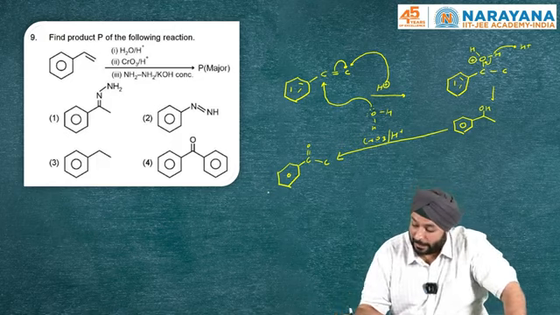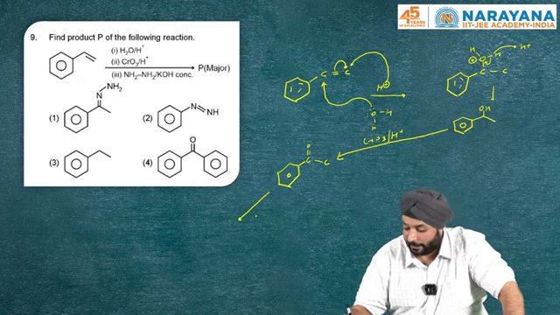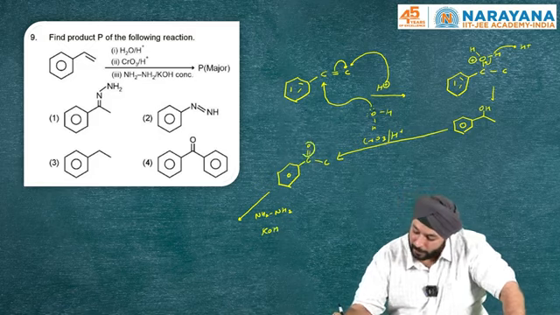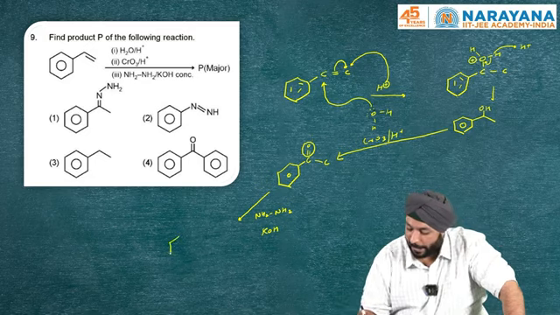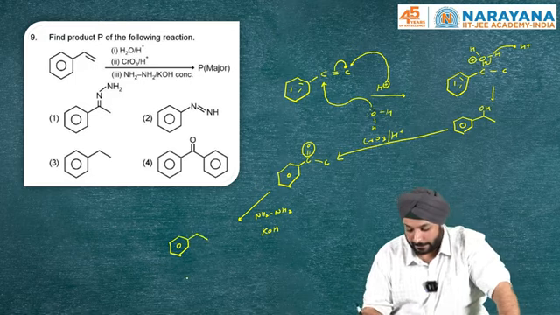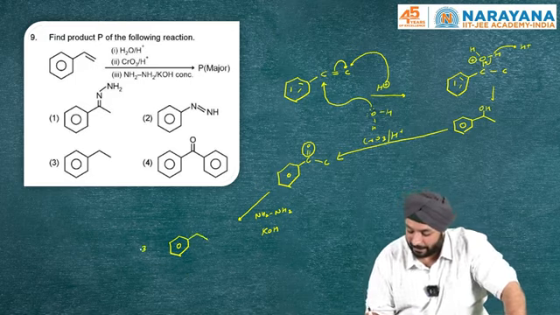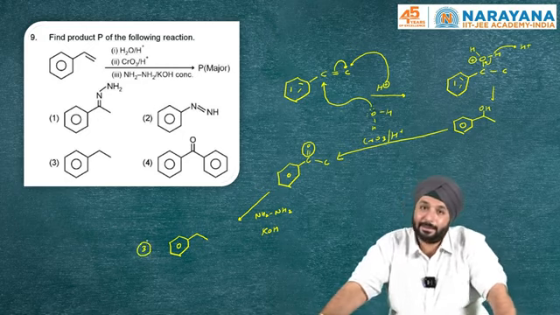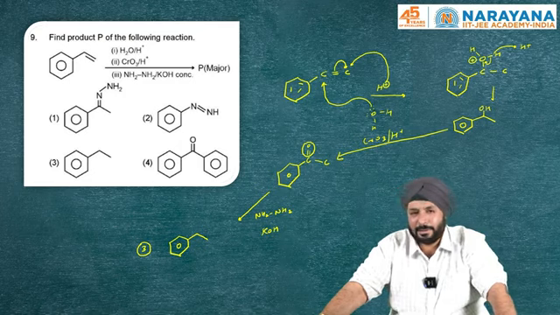In the Wolff-Kishner reaction, you're using hydrazine in the presence of KOH, a basic medium, and we know that this C double bond O will eventually be reduced to an alkane. So the product will be this. So the answer is 3. And a student who has read NCERT thoroughly can easily solve this question.